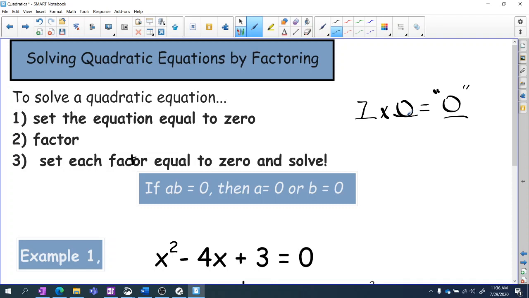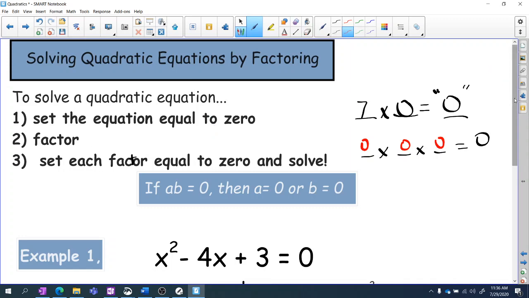It's got to be a 0. I could have 3 things multiplied together. It doesn't matter. The only way to multiply things together and get 0 is if one of them, or all of them, or 2 of them, there's got to be a 0 there somewhere. That's the only way to multiply things together and get 0. So understanding that premise becomes very important. That's why we set it equal to 0, as you'll see here in a minute.